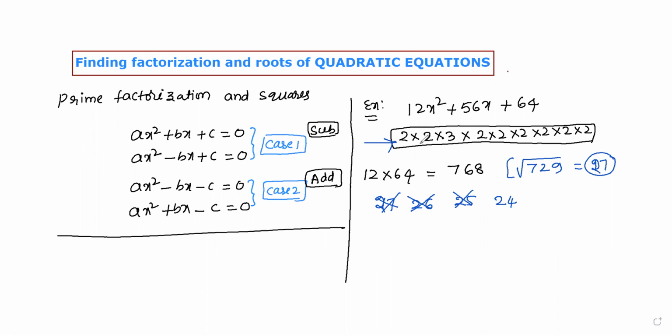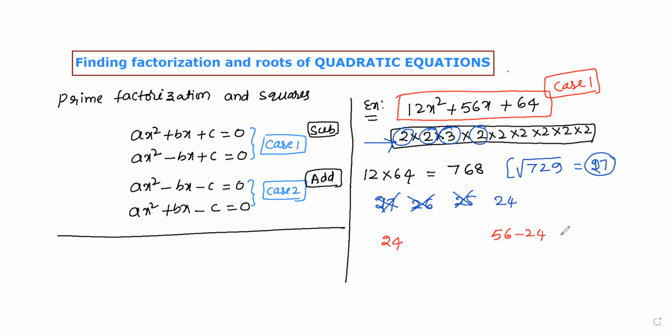Why? Because 8 into 3 is nothing but 24. Let us check whether this equation comes under case 1 or case 2. This comes under case 1, so we have to do subtraction now. I got 24 here, so I'm subtracting 24 from 56.